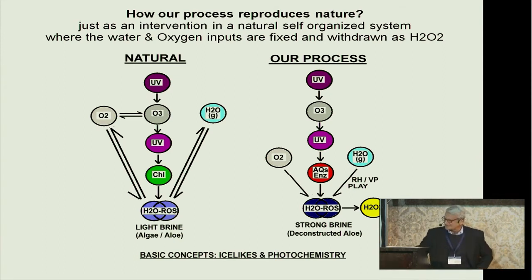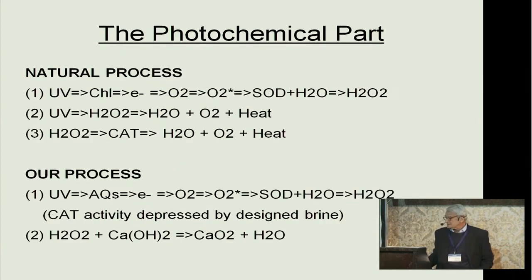So that's the system. Our process is the same thing, except that we extract the hydrogen peroxide before it decomposes by the same UV radiation. This is the photochemical part. I am not putting a chemical formula, but just a succession of things.